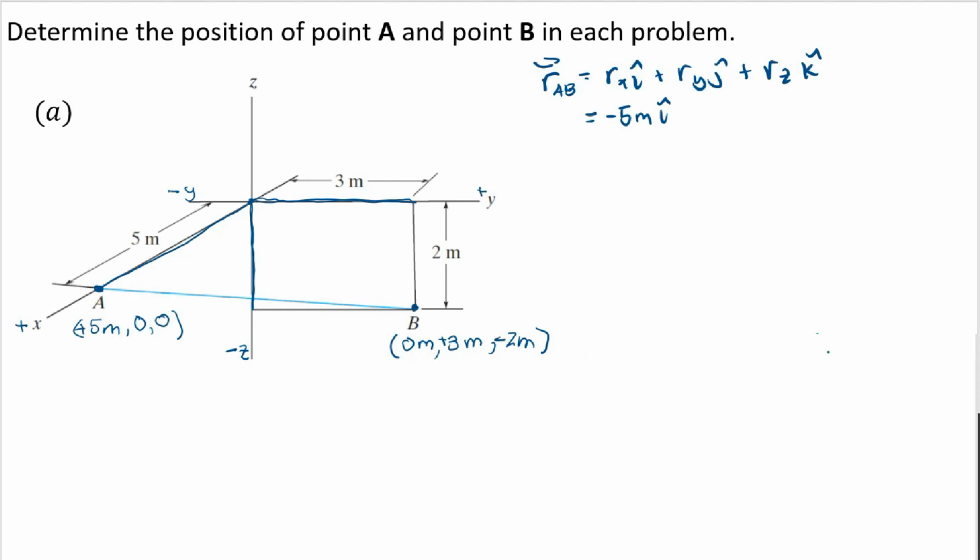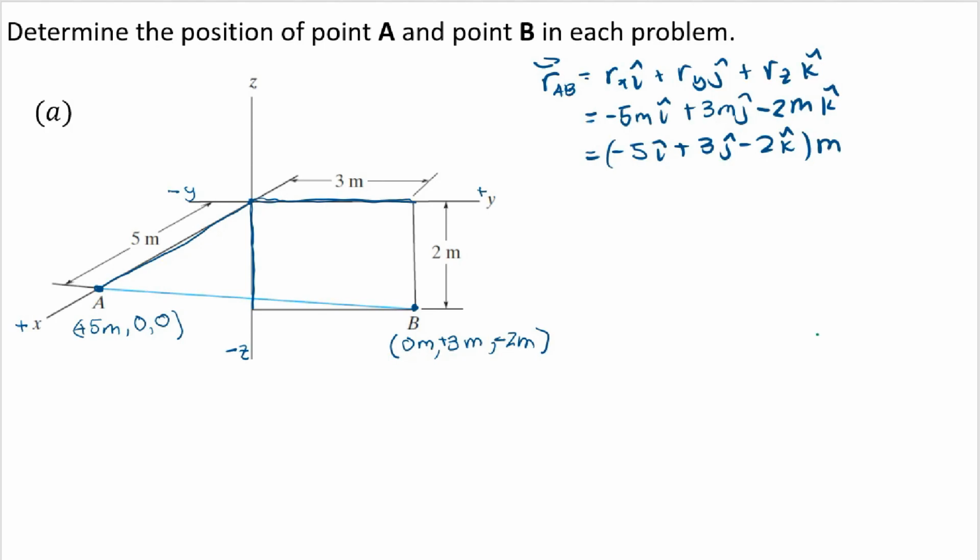Then 3 minus 0, so that is positive 3 meters j hat. Then negative 2 minus 0, so that is negative 2 meters k hat. We can write it as negative 5 i hat plus 3 j hat minus 2 k hat, and do not forget the unit, which is meters in this case.